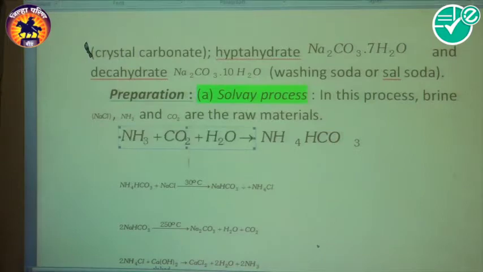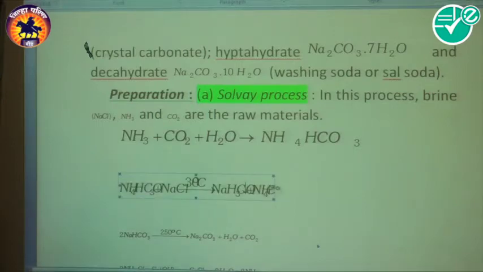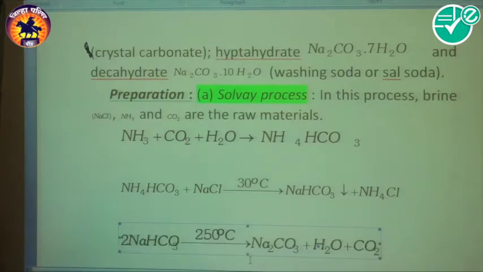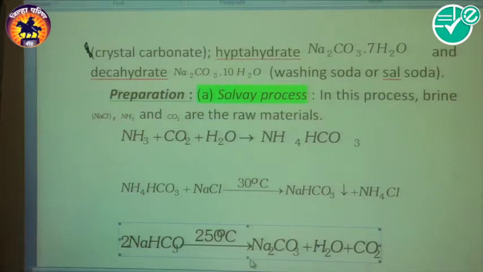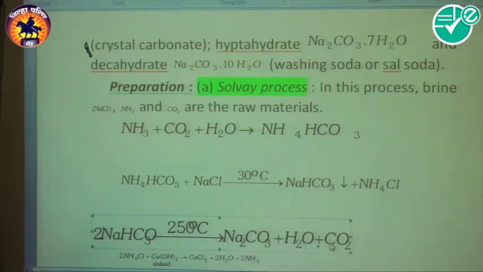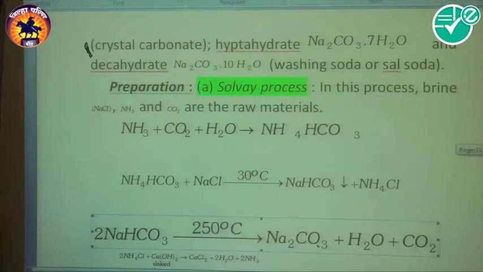First of all, you form ammonium carbonate. After that, ammonium carbonate with the help of NaCl gives sodium bicarbonate, and that sodium bicarbonate on heating produces Na2CO3, your desired product. Here I am showing you, don't worry.